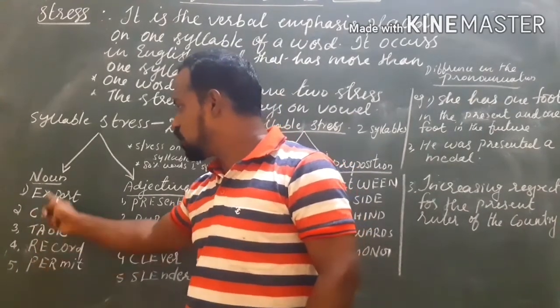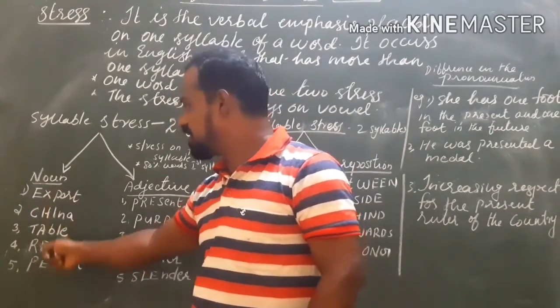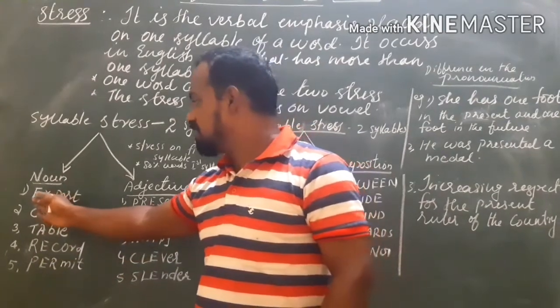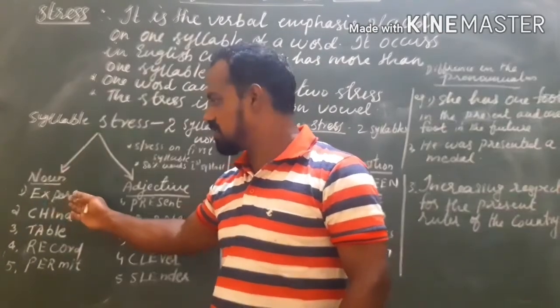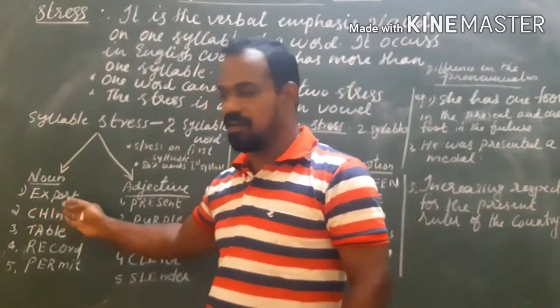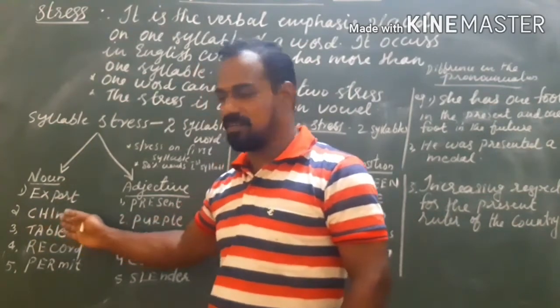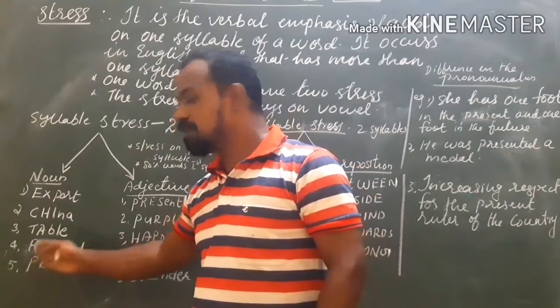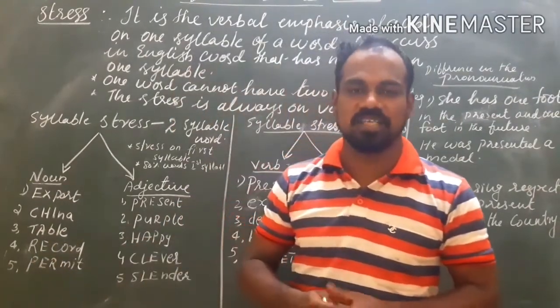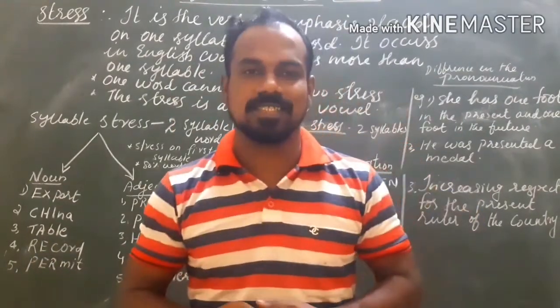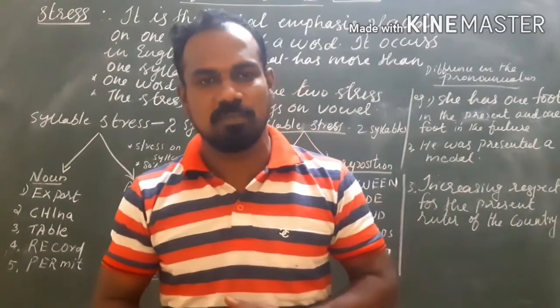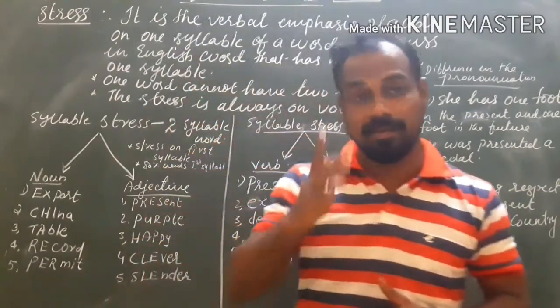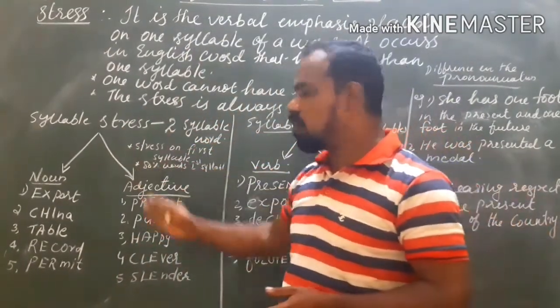Where it has to be stressed, I have highlighted in capital letters. Just see. EXport, CHIna, TAble, REcord, PERmit. See, all these words I stressed on the first syllable because they are two-syllable words and more than that, they are nouns.